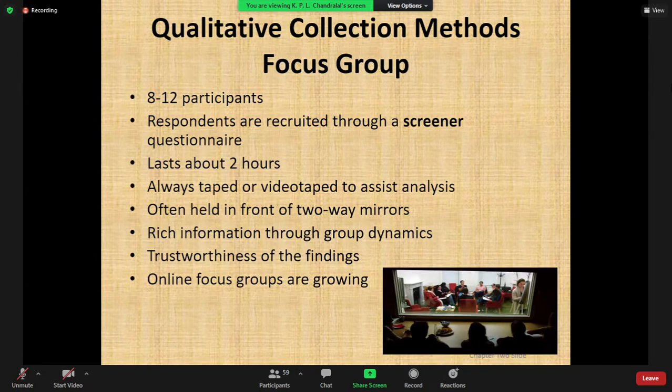Again, since this is qualitative data, we need to make sure that these findings are trustworthy. So there are some techniques. You can read these things later on. How a qualitative researcher can ensure trustworthiness is a separate topic. And today, online focus groups are growing.